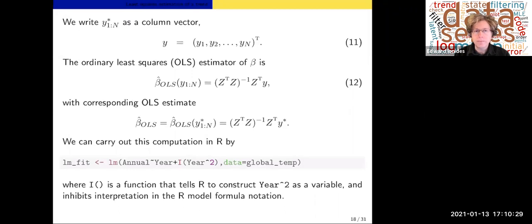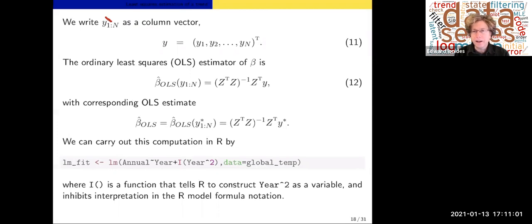Now, we can write Y as a column vector. I'm going to cross out that star, since this is a general possible data set, not the particular data set, because I'm going to use this Y to define the ordinary least squares estimator beta hat OLS.